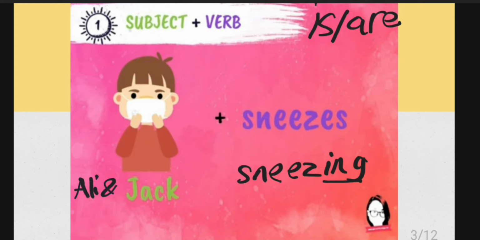Okay. How about was or were? If you're using past tense, is and are will be was and were, the pair. Okay, it's the same thing. The verb will have ing, but here, so how many subjects here? Ali and Jack.